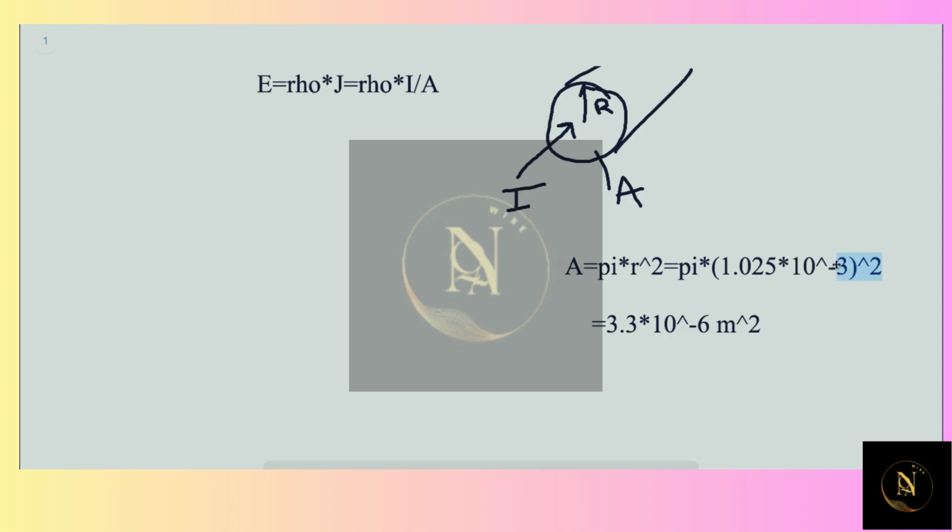Oh yeah, and I'll go ahead and put meters squared in my units for the area. Okay, great. So now we have all our ingredients prepared, and I'm just going to go ahead and plug it into this formula for the electric field. I'll type out the numbers that I'm using.